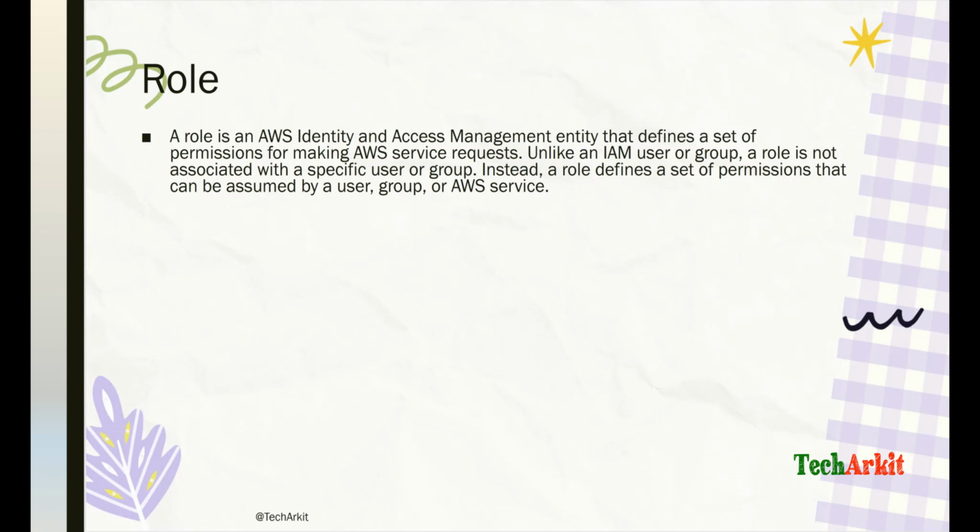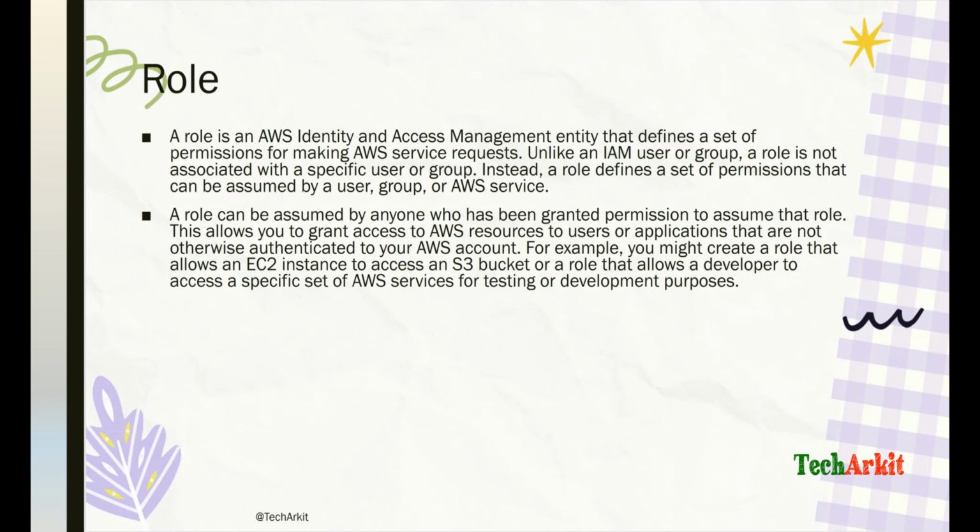Instead, a role defines a set of permissions that can be assumed by a user, group, or AWS service. So that's what the IAM role is. A role can be assumed by anyone who has been granted permissions to assume that role.